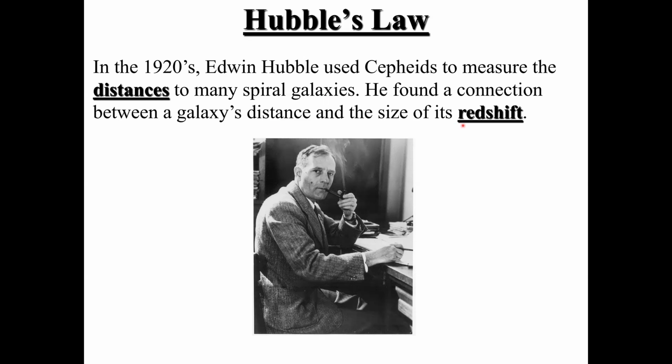Now, previous astronomers found the amount of redshift from the spectra, and Edwin Hubble found the distances to these galaxies. And then the conclusion was, there was a connection between the galaxy distance and the size of its redshift.